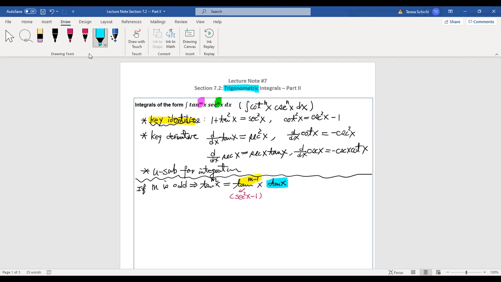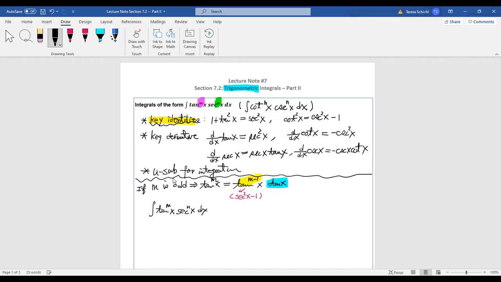Then you will have a secant and a tangent here. So let's take a look: this is tangent^m x secant^n x dx.